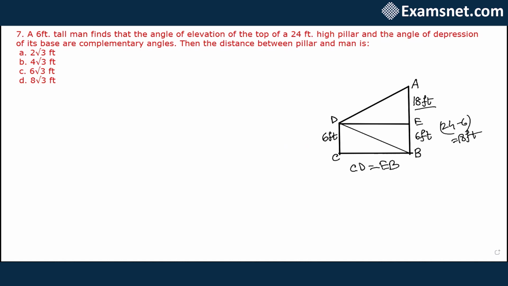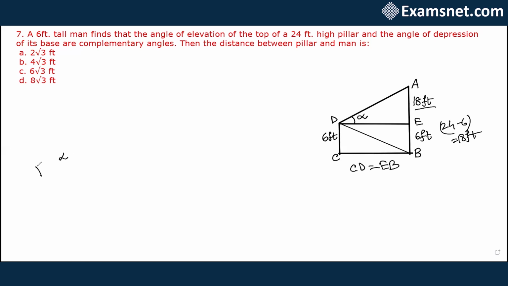Next, the angle of elevation of the top and the angle of depression of its base are complementary angles. Let's say the elevation of the top is angle alpha. As I have already told you, the sum of two complementary angles is 90 degrees.